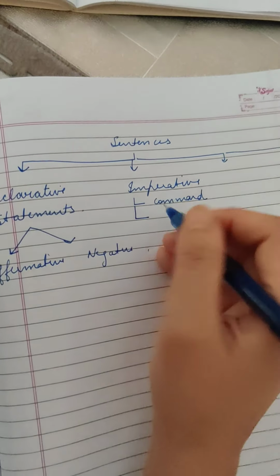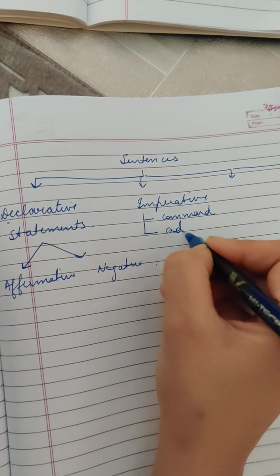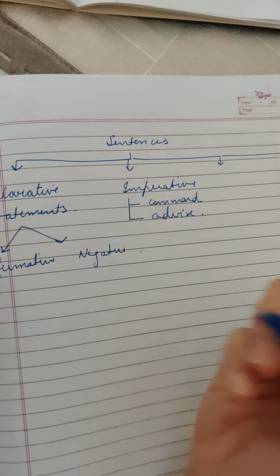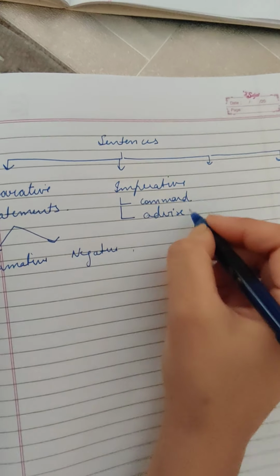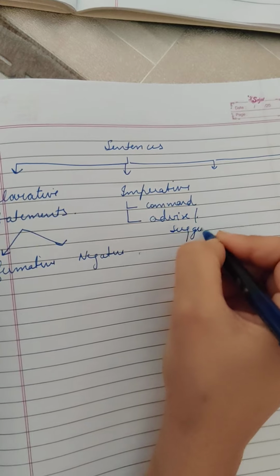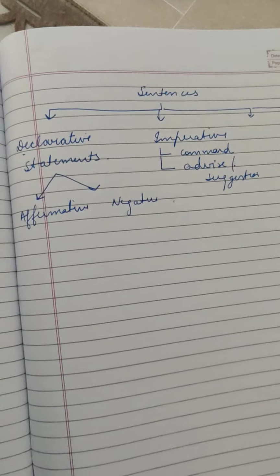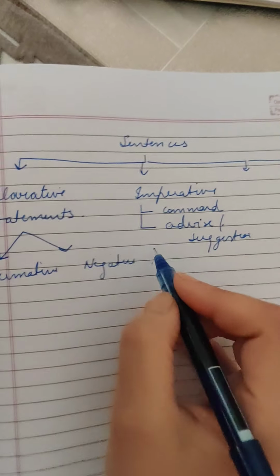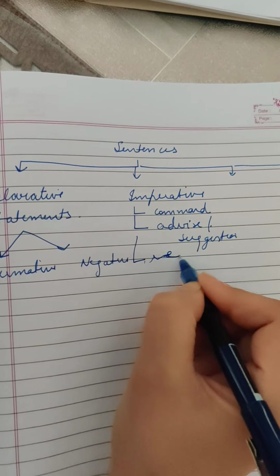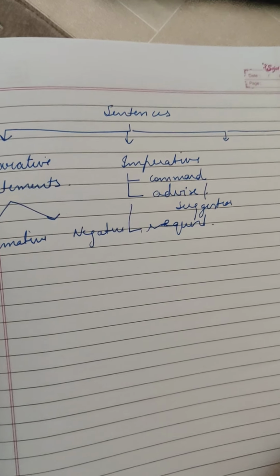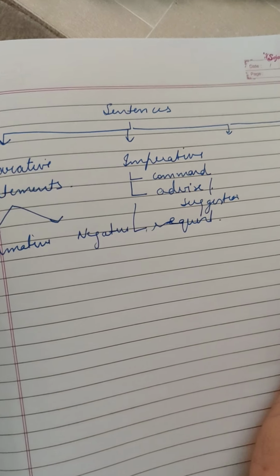Then if any advice is given, like take this medicine twice a week, I'm giving you advice or a suggestion. That is imperative. Or I would say a request is also imperative. I'm requesting someone, please open the door. So it is an imperative sentence.